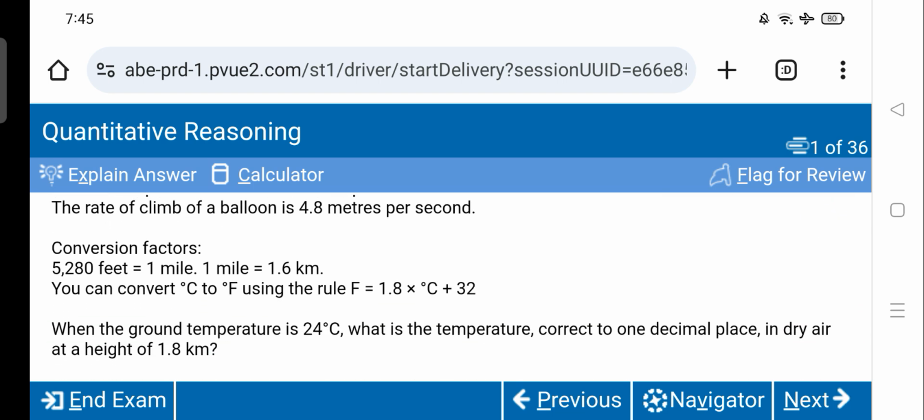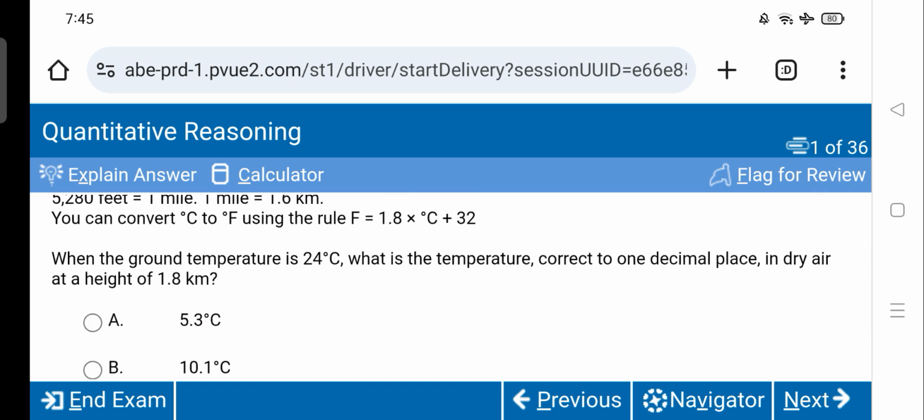Conversion factors: 5280 feet equals 1 mile. 1 mile equals 1.6 kilometers. You can convert degrees centigrade to Fahrenheit using the rule: Fahrenheit equals 1.8 multiplied by degrees centigrade plus 32.